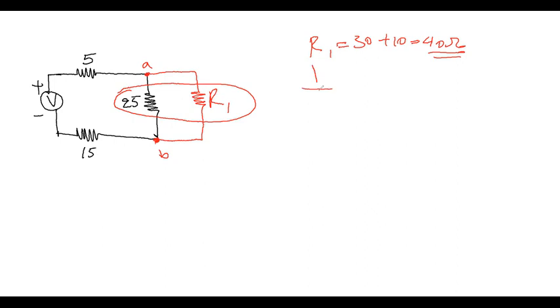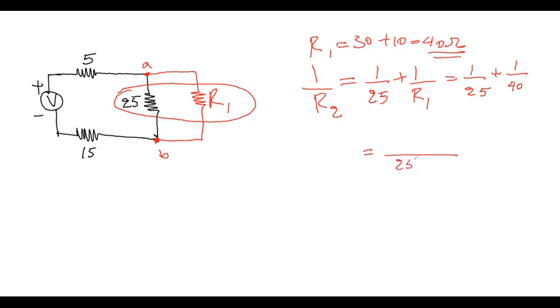Let's say that their equivalent resistance is R2. So what we have is 1 over 25 plus 1 over R1 equal to 1 over R2. So this is 1 over 25 plus 1 over 40. Considering their product, that's 1 over R2.